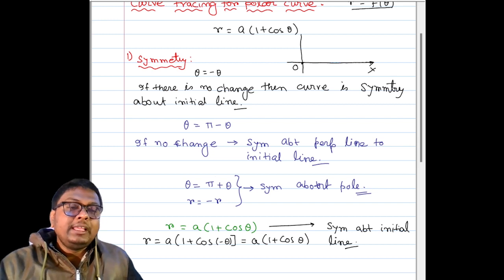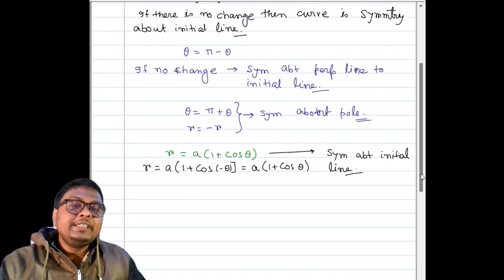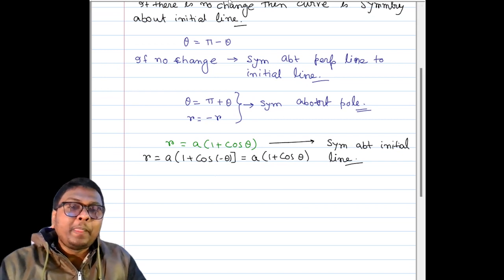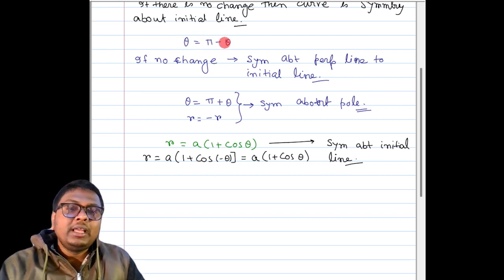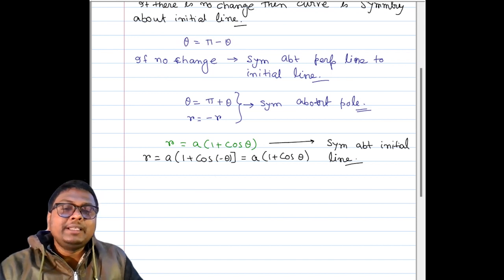Next, check whether it is symmetric about the perpendicular line. For checking symmetry about the perpendicular line, we put theta equals pi minus theta.